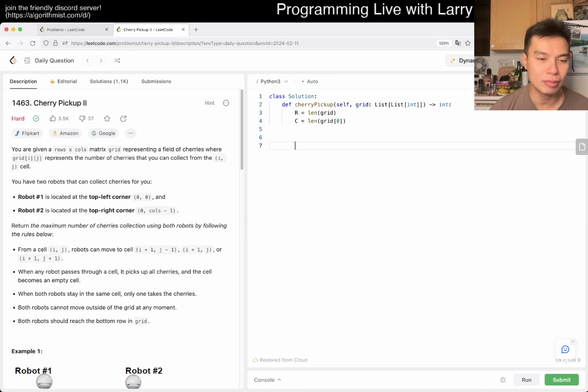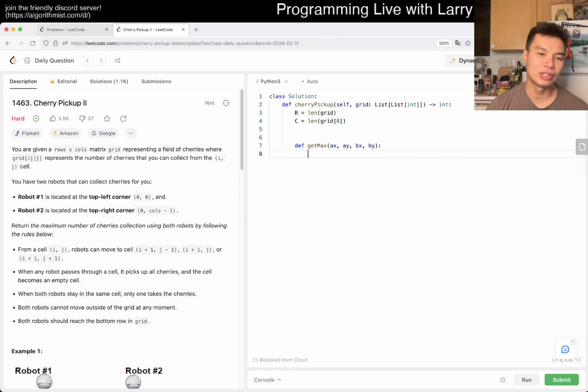The very basic recursion is just where robot A is and where robot B is. So let's say we have get max, with robot AX, AY, BX, BY. Something like that.